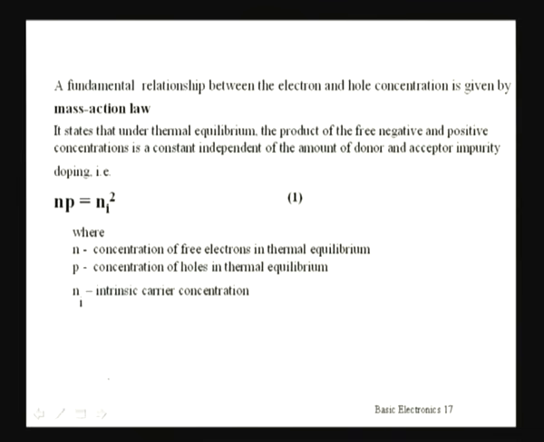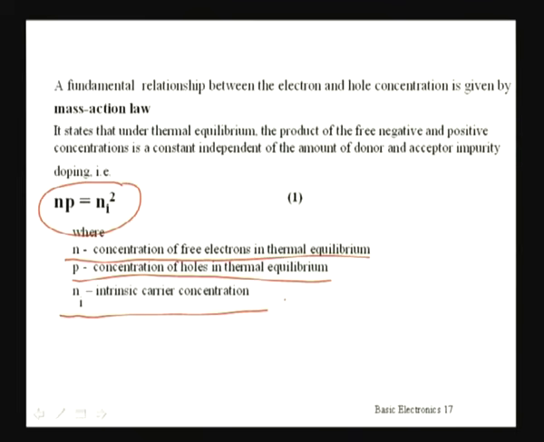Mathematically, Np is equal to Ni square, where n is the concentration of free electrons in thermal equilibrium, p is the concentration of holes in thermal equilibrium, and Ni is the intrinsic carrier concentration. This is a very fundamental law in electronics, the mass action law.